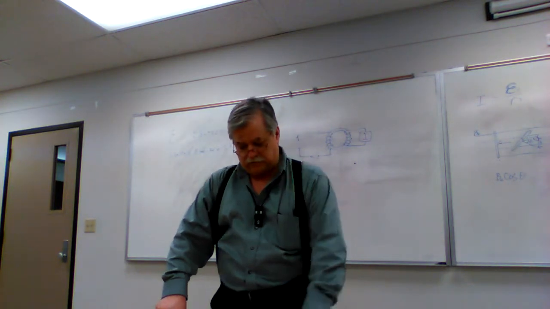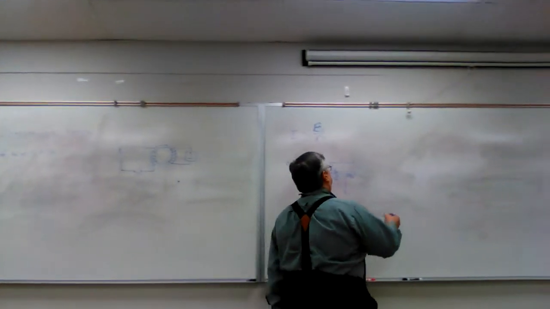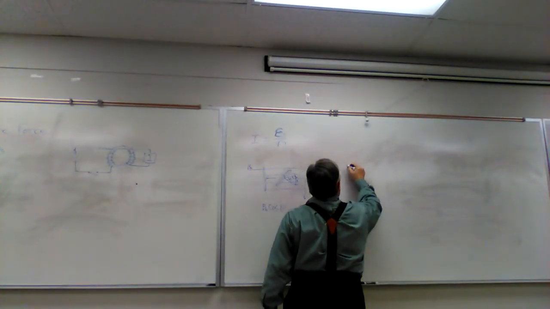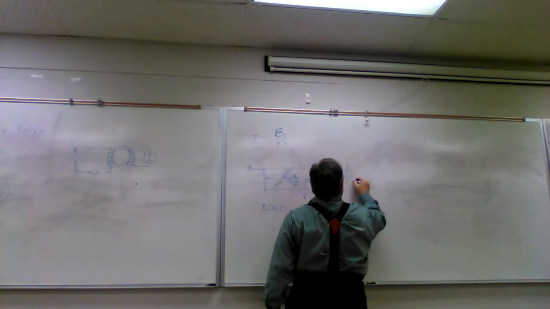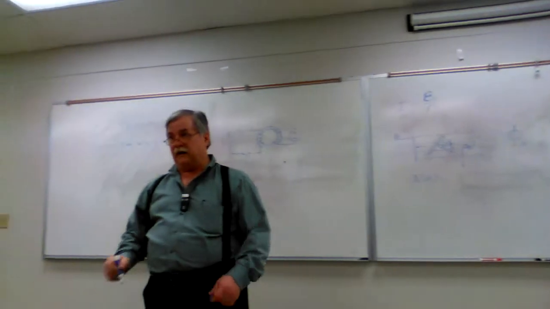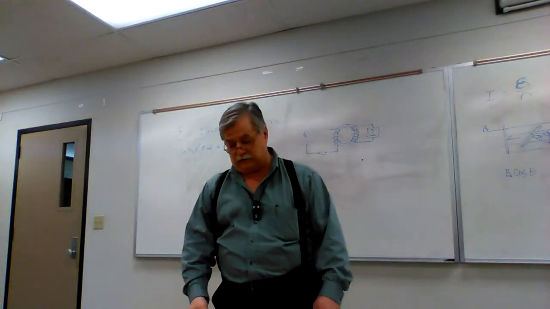Now, here in the book they use the Greek uppercase letter phi as the symbol for the magnetic flux that's passing through the unit area.